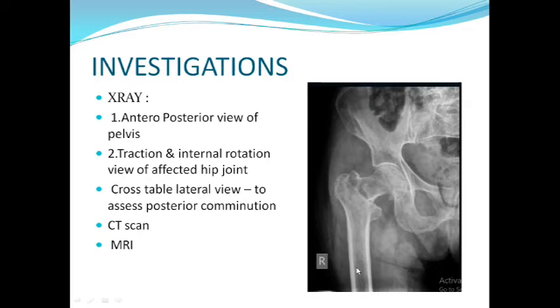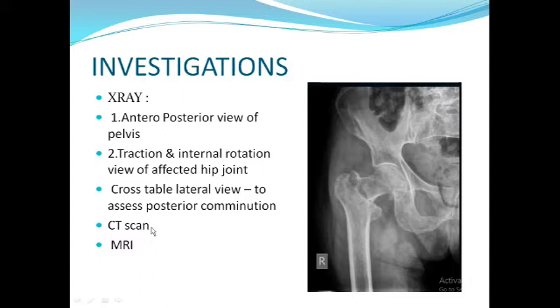If you pull this limb and rotate it internally, you can have a clearer picture of this fracture. Many times we ask for this particular view, the traction and internal rotation view. Then there is also a lateral view to see the posterior comminution.